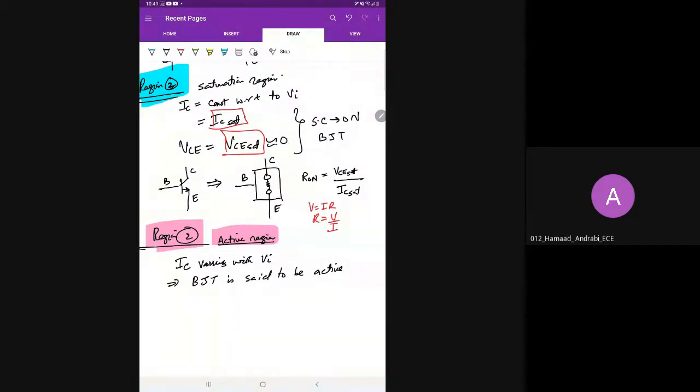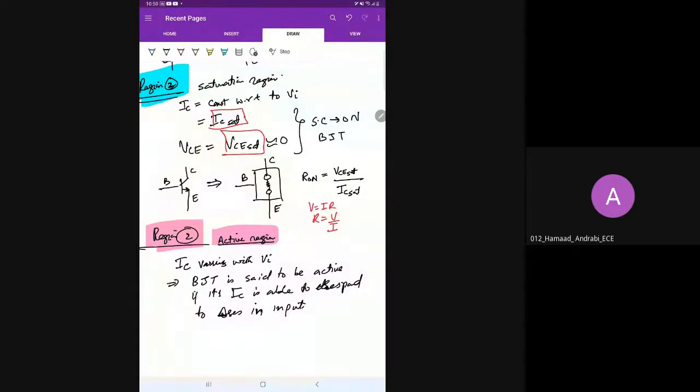It is said to be active if its IC is able to respond to changes in input. So a BJT is said to be in active region when it is able to respond to the changes in the input.